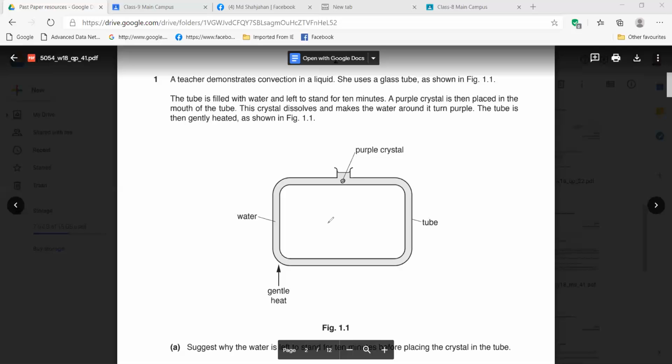Sir, convection occurs in fluid by circulation of molecules. It occurs by density changes. Lower density molecules rise up and higher density molecules sink down. The heating element should be placed at the bottom and the cooling element should be placed at the top.